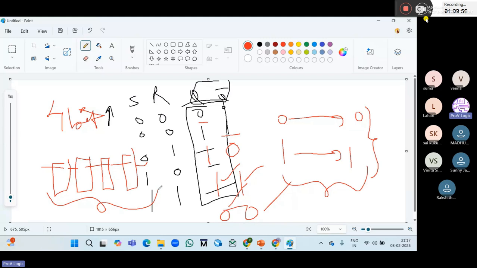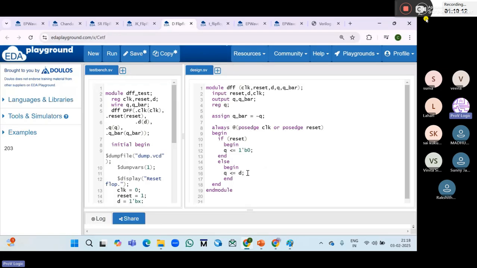In the next sessions, we will discuss right shift, left shift, serial in parallel out, parallel in parallel out, serial in serial out, parallel in serial out, bidirectional, universal shift registers. So every design I can show you in different styles. So this is how we can design a single D flip-flop. Is it clear to everyone till here?